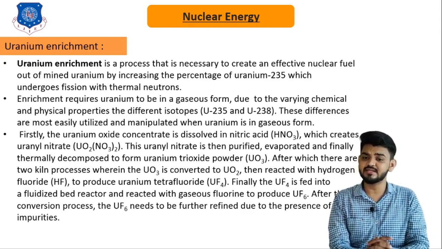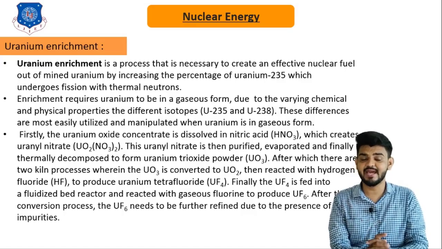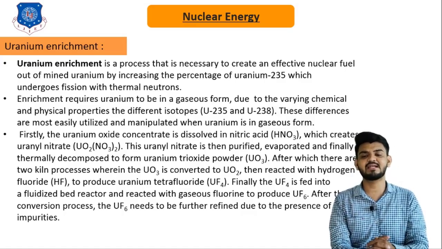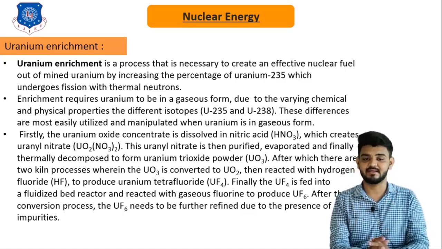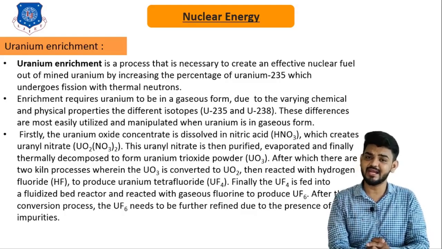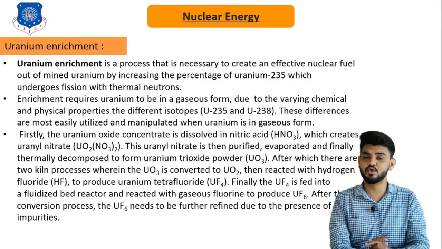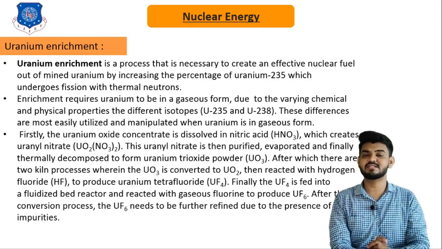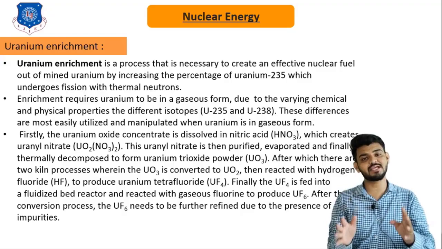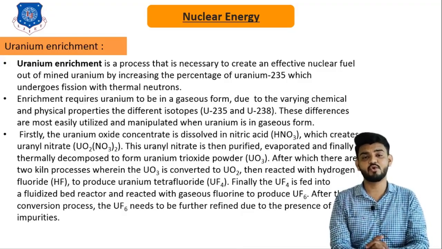So what we do is this uranium is reacted with HNO3 and then it produces uranyl nitrate. And this uranyl nitrate is further reacted to produce uranium trioxide, which is then converted into uranium dioxide and reacted with fluorides.